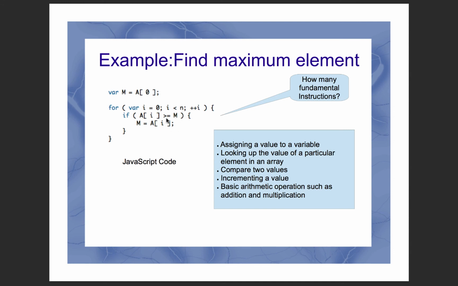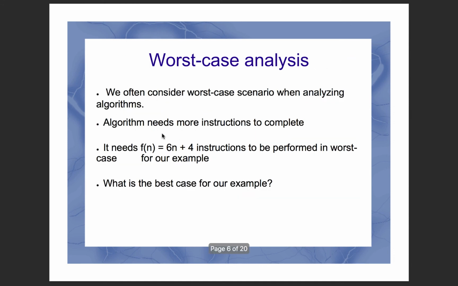So 1, 2, 3, 4, 5, 6, these six instructions all run n times. However, these extra ones depend on n plus one, and these four instructions don't depend on the n value, so we have a total of 6n plus 4 instructions.